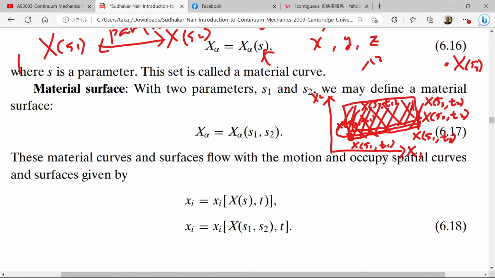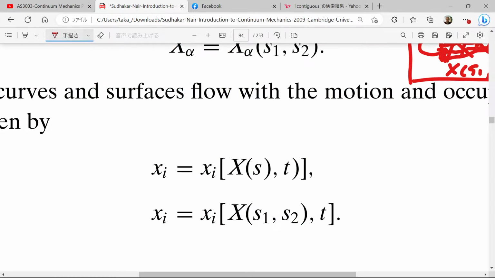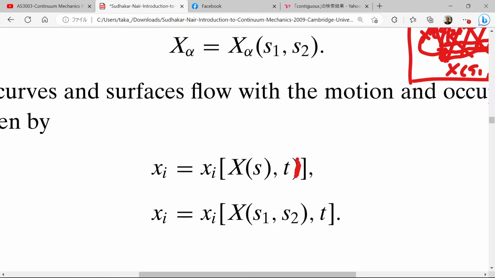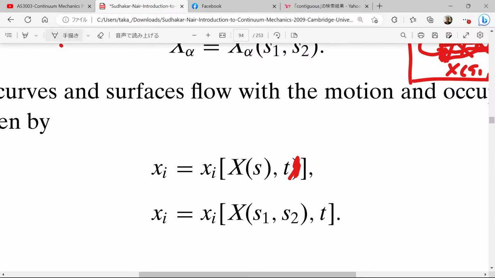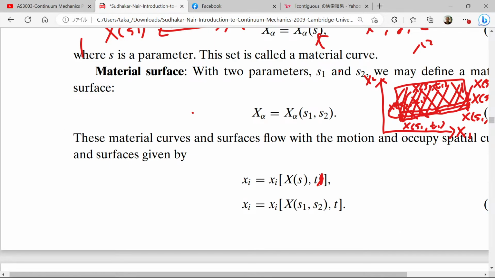I think this is a misprint; you don't need this.